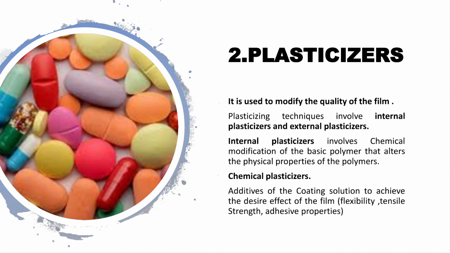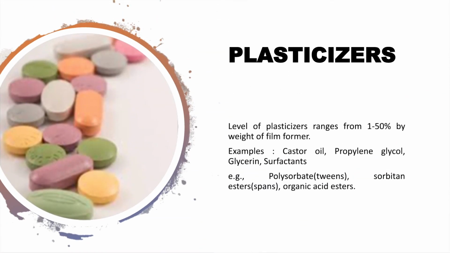When we add a plasticizer, we expect the film to have more flexibility, more tensile strength, and more adhesive properties. The level of plasticizer ranges from 1 to 50%. Examples range from natural substances like castor oil, propylene glycol, glycerin, and surfactants, to synthetic ones like polysorbates, sorbitan esters, and organic acid esters.